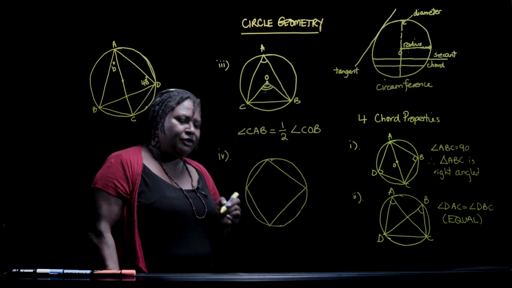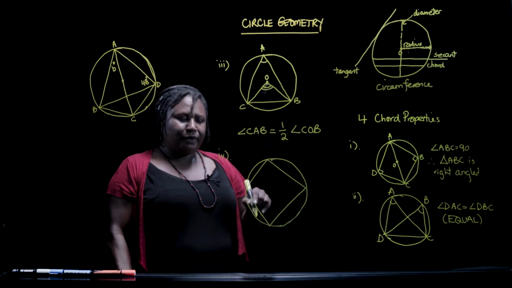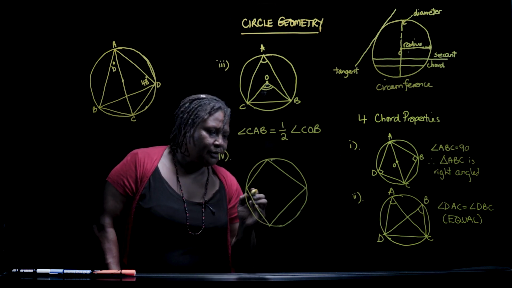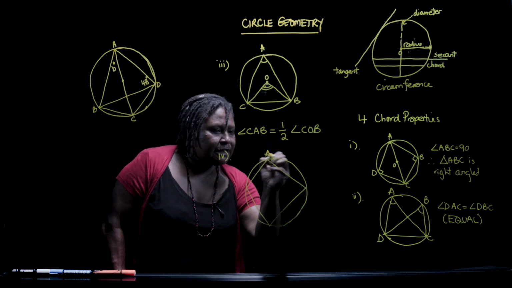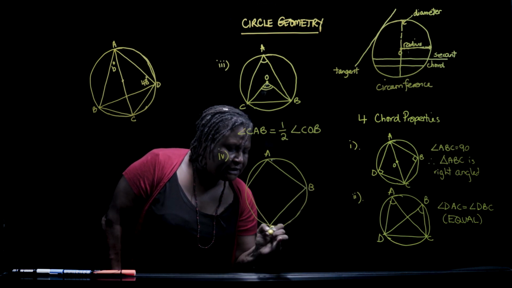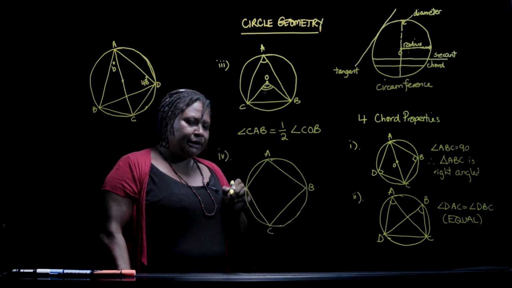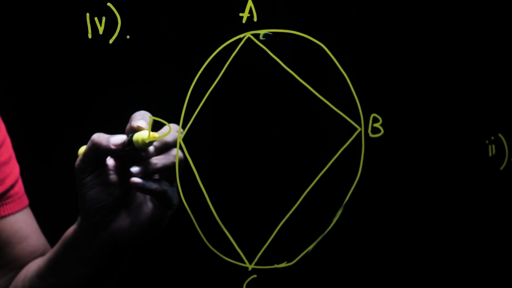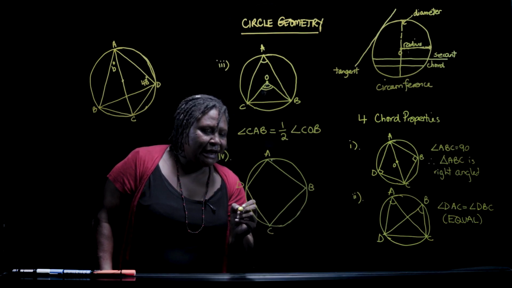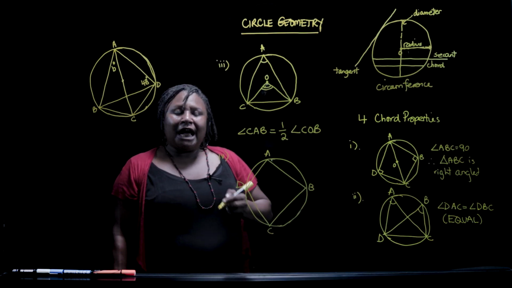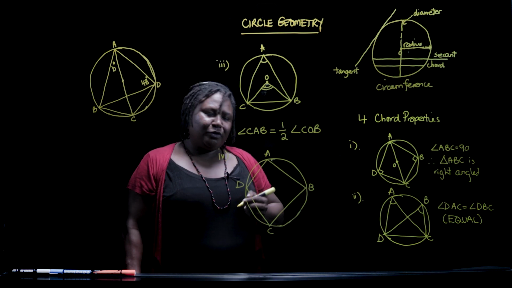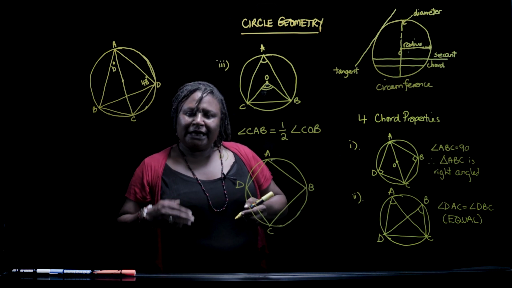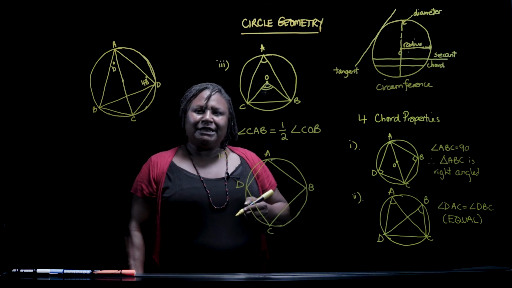A quadrilateral drawn inside of a circle. Let's say this quadrilateral is ABCD. Now, property number 4 states that opposite angles are supplementary. What does supplementary mean? We should know this adds up to 180 degrees.